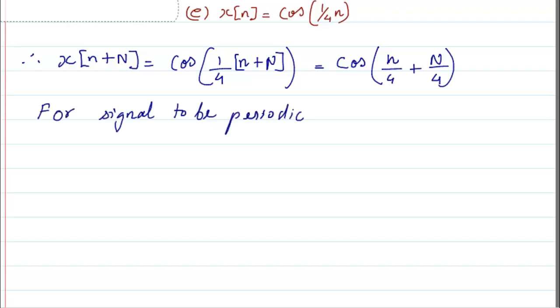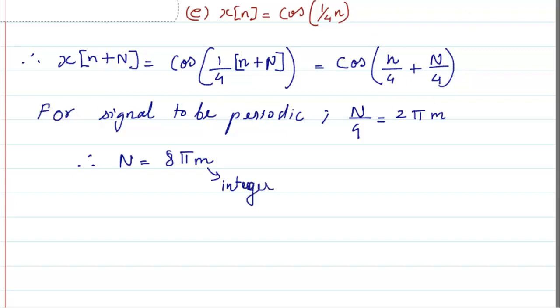For the signal to be periodic, the value of capital N by 4 should be equal to 2 pi or some multiple of 2 pi. And for that case, I will write 2 pi m. So now, therefore, N is equal to 8 pi m, where remember m should be an integer. It should be an integer.